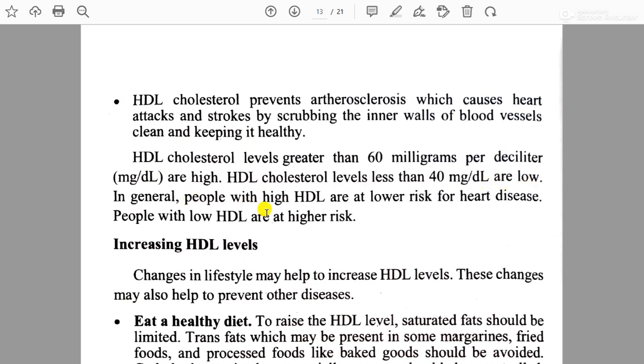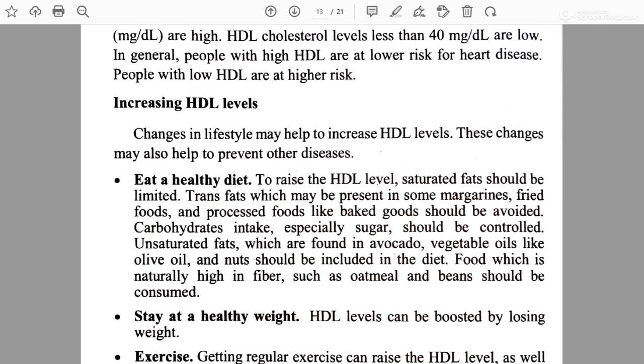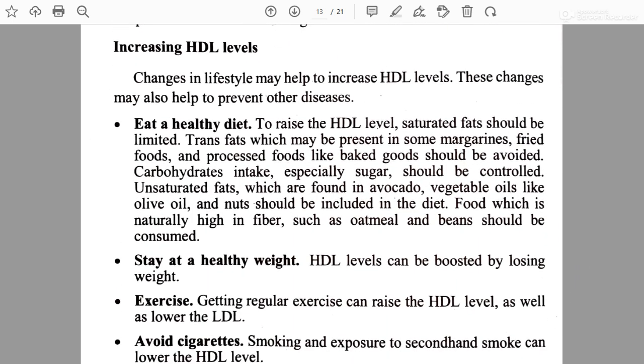In general, people with high HDL are at a low risk of heart disease, and people with low HDL are at higher risk for heart disease. So it is good that the HDL cholesterol level lies between 40 and 60 inside our body.